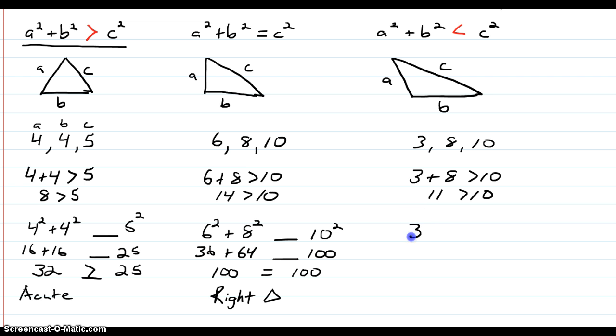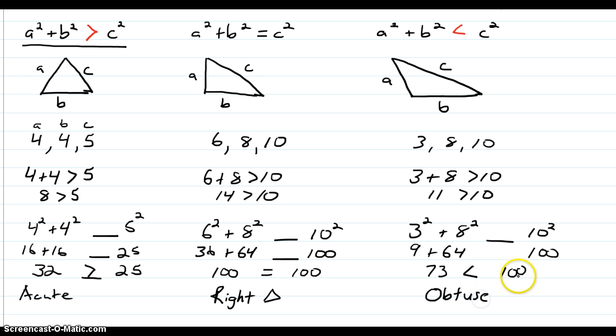So now let's plug it in. 3 squared plus 8 squared. We'll compare it to 10 squared. So 9 plus 64 compared to 100. 73 compared to 100. So 73 is less than. And that tells us that it's obtuse.